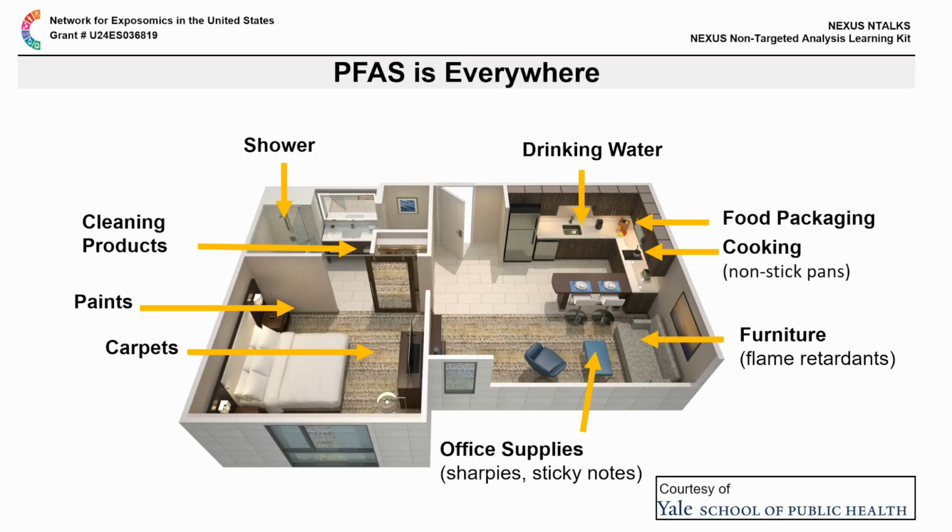If we imagine our house, we could look at our furniture, and so there would be flame retardants, also brominated, chlorinated species, but also PFAS. We could look at food packaging, cooking, showers, because it gets into our water system, which we'll discuss from many different sources, cleaning products, paints, carpets.